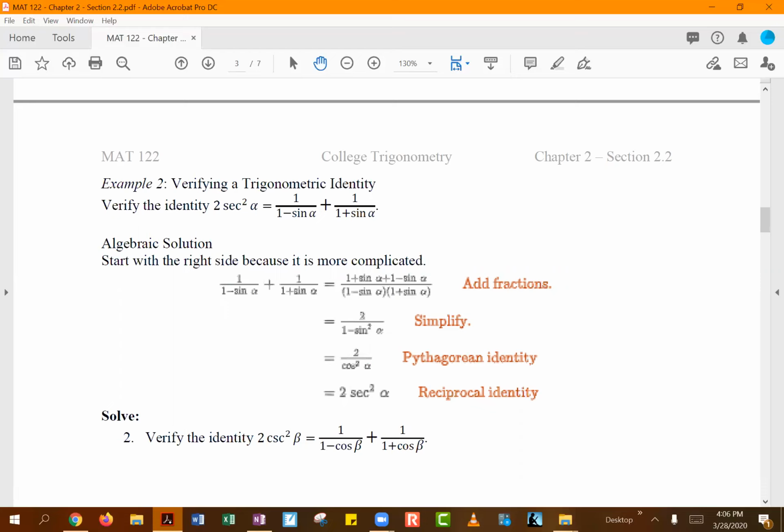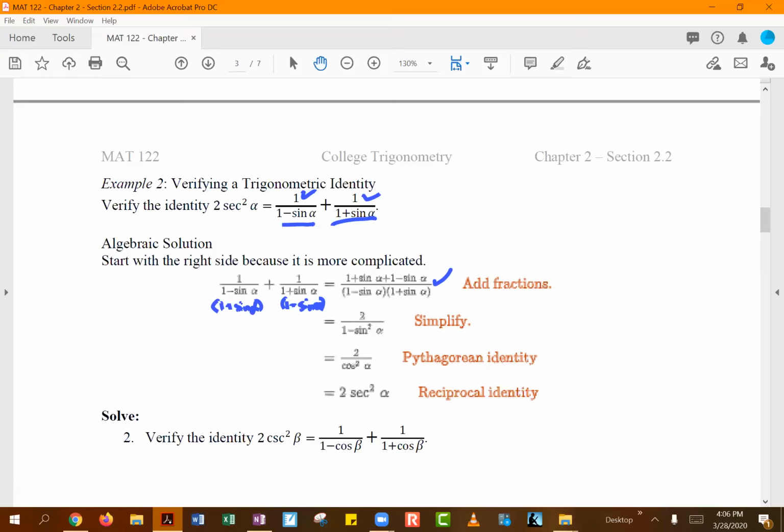And you are actually going to find the common denominator, which means you multiply both the denominators together and then multiply your numerators with the other denominator, so the other side. So in this case, we end up multiplying our first fraction here by 1 plus sine of alpha, and you end up multiplying the second fraction by 1 minus sine of alpha. So that's where you get this expression here.